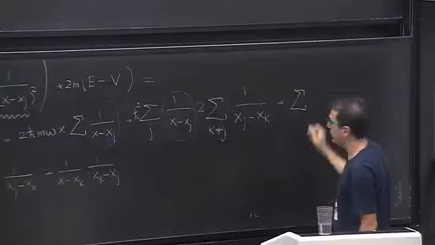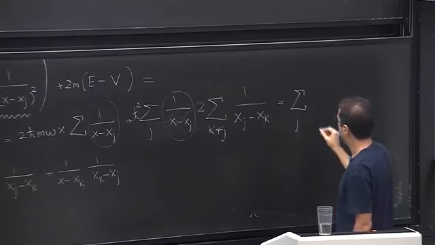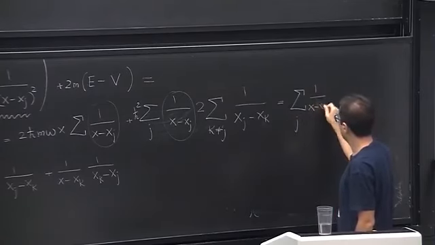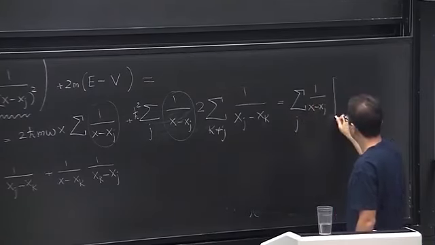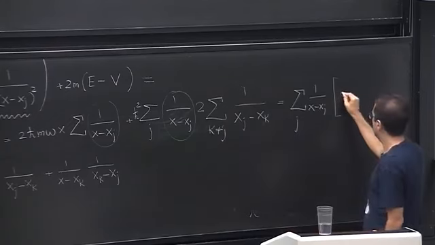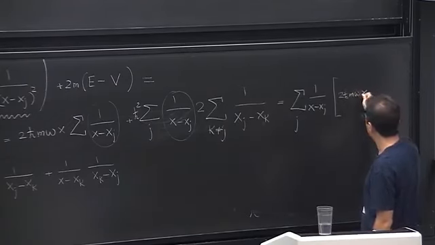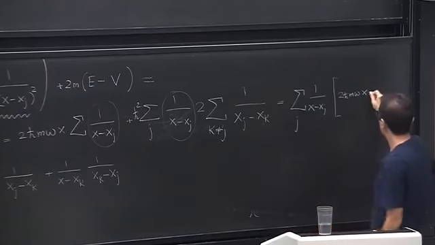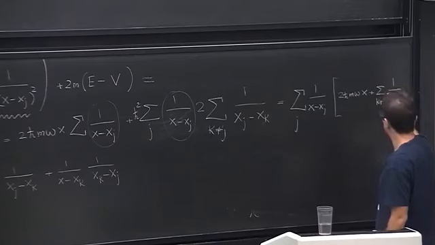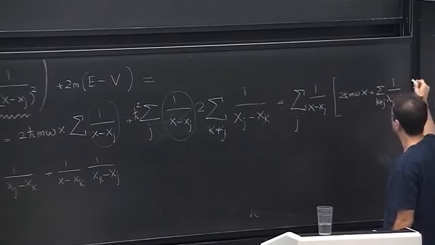This is the sum over j, 1 over x minus xj, times the first term, which is just 2 h bar m omega x, and the second term is plus the sum over k not equal to j, 1 over xj minus xk.